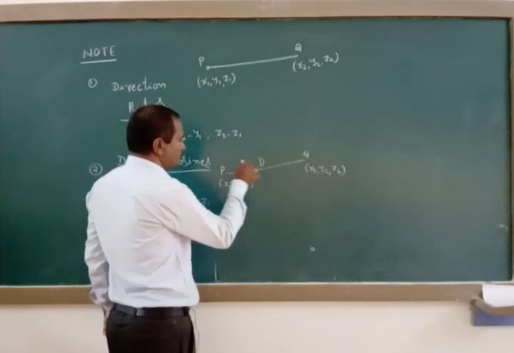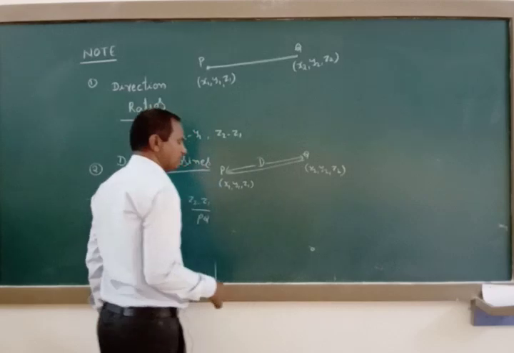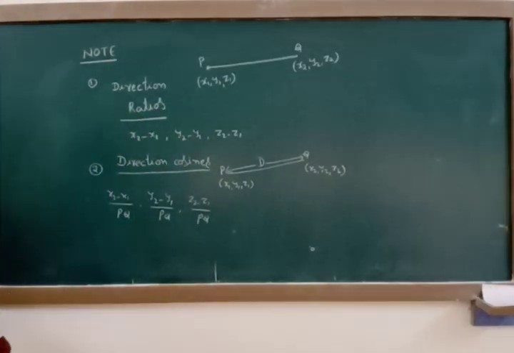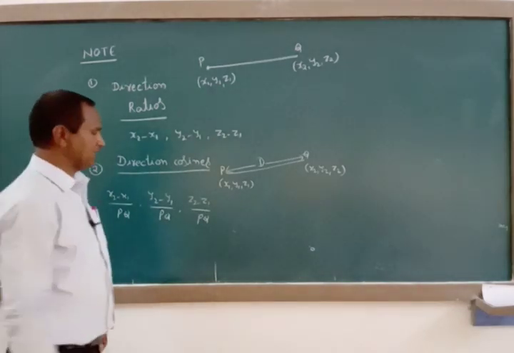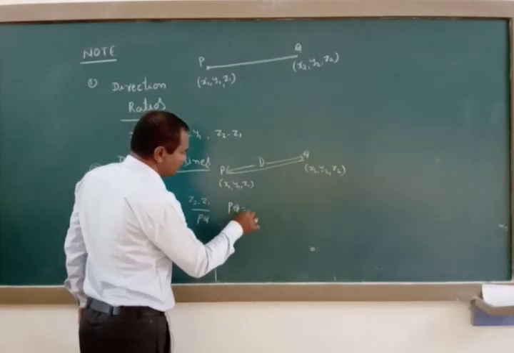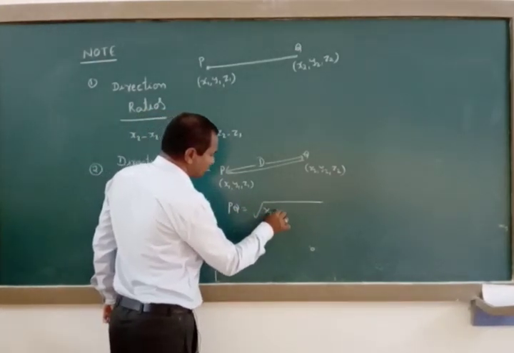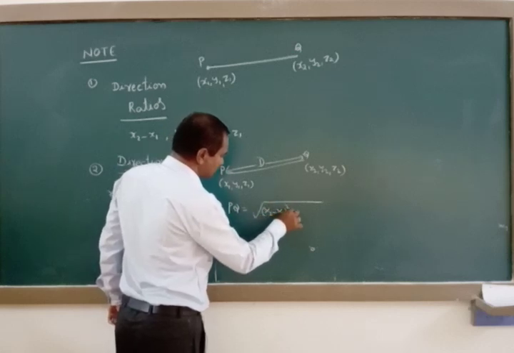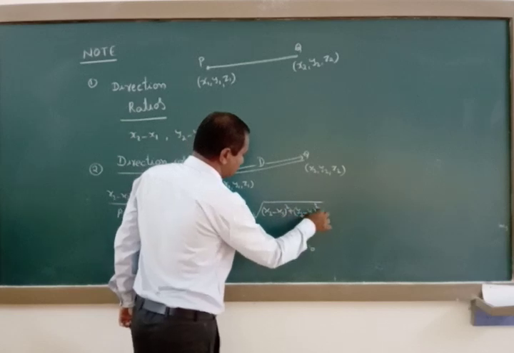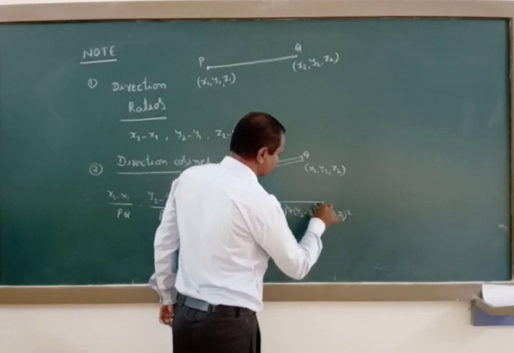We must take the distance between the 2 points P and Q also, when we are going to find the direction cosines of the line segment PQ, where PQ is equal to the square root of (x2 minus x1) whole square plus (y2 minus y1) whole square plus (z2 minus z1) whole square.